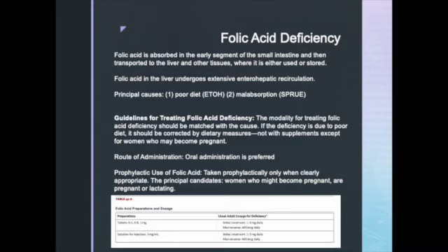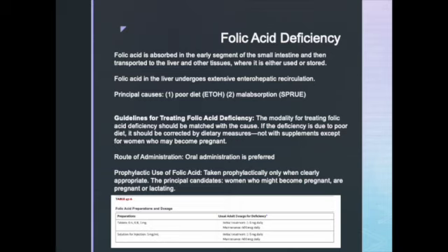So what's the guideline for treating folic acid deficiency? Well, the modality of choice is a PO dose of folic acid. In the deficiency, if it's due to poor diet, of course we're going to correct the dietary folic acid, but even if you are taking enough through dietary measures, if you're pregnant, you're still going to get supplementation.